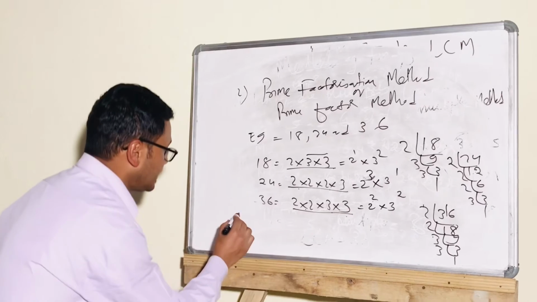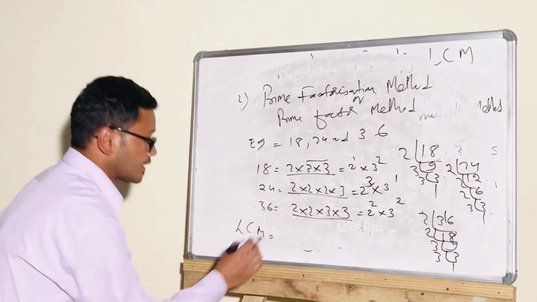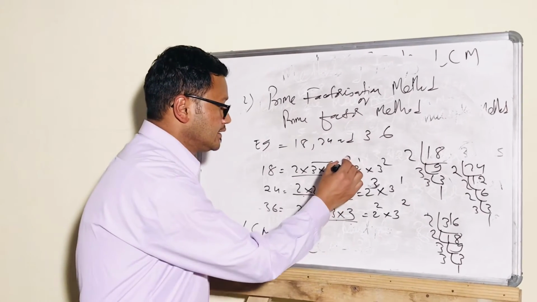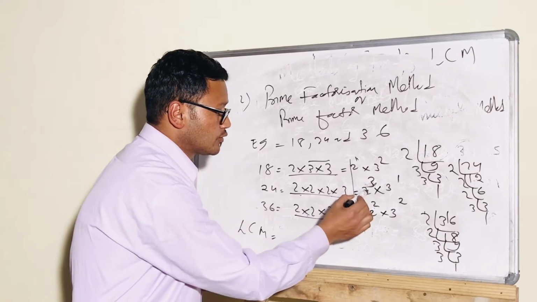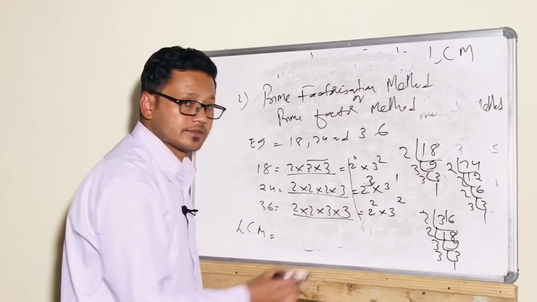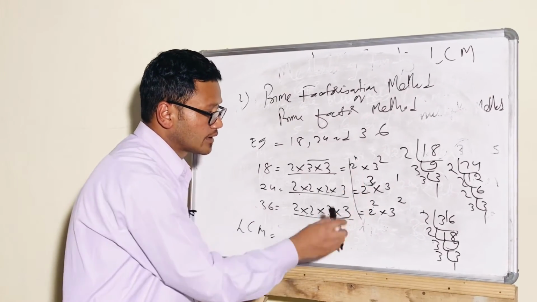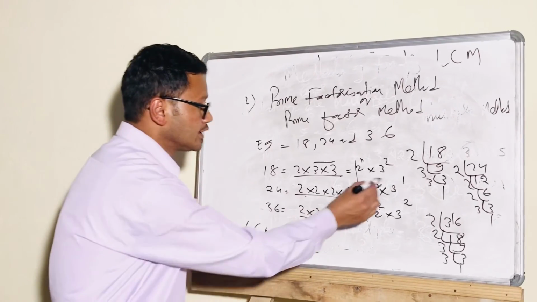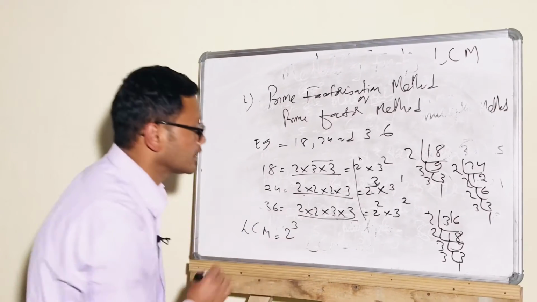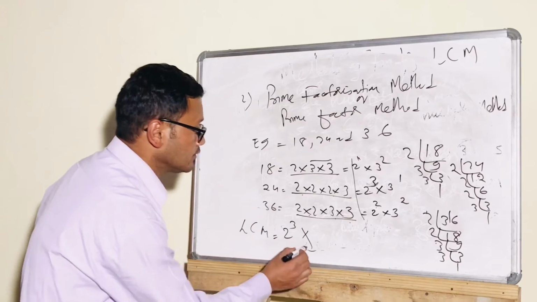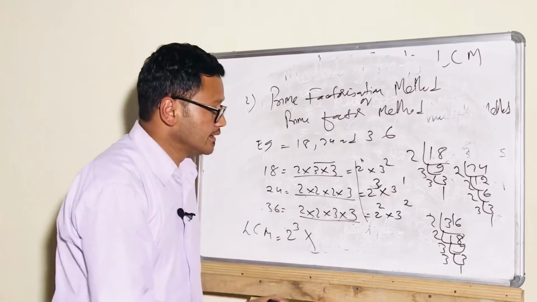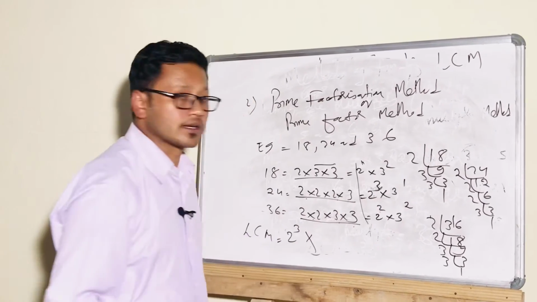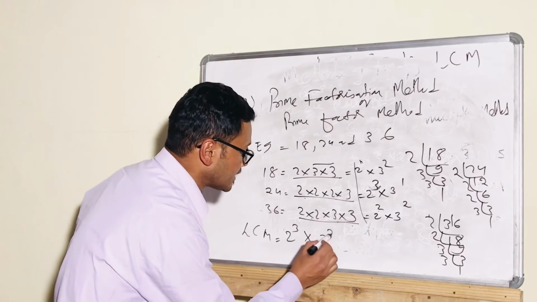Now the LCM. Consider these numbers: 2 one time, 2 three times, 2 two times, that is 2, 2 square, 2 cube. Which is the highest? 2 cube. That one you take. Then 3 square, 3 one, 3 square. Which is highest? 3 square is highest.